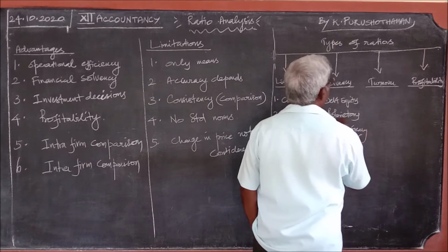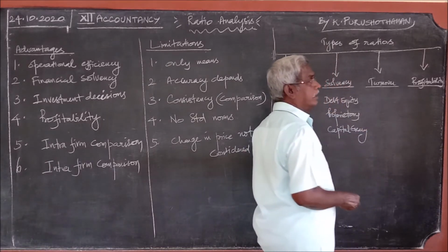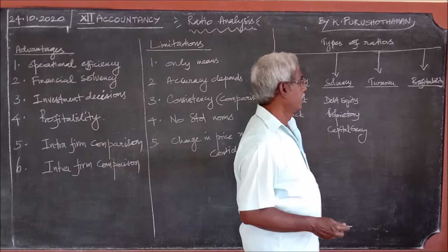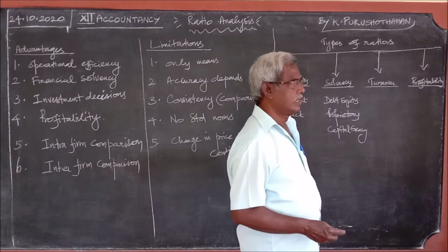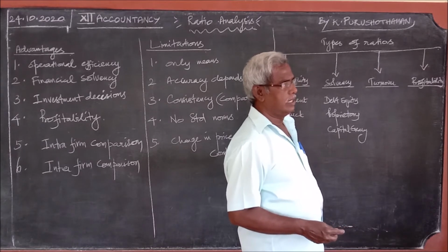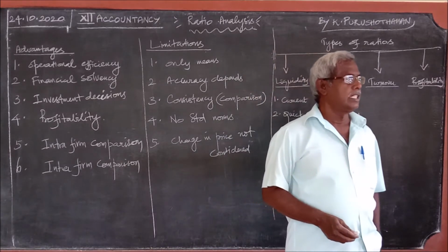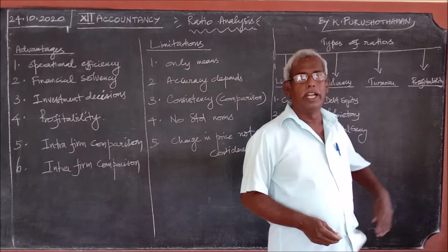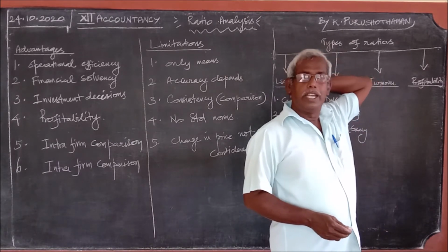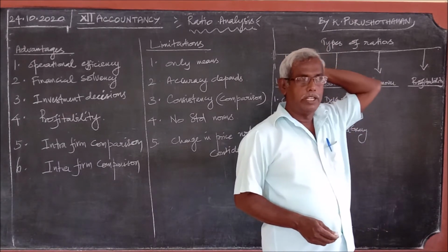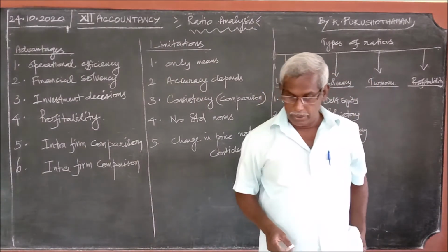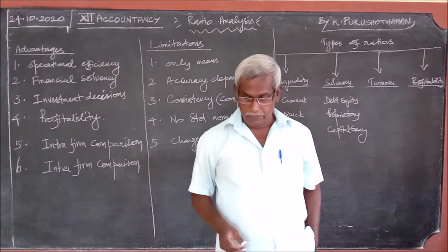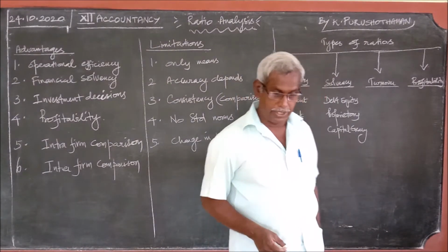And regarding the turnover ratios, inventory turnover ratio, trade receivable turnover ratio, trade payable turnover ratio, fixed asset turnover ratio. These are the four types coming under it.